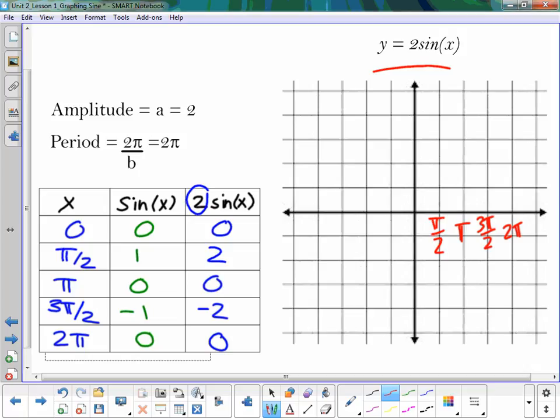It might be cool to graph this the same as before. So I'm going to graph regular sine x real quick, the one that we just did. And now I'll graph y equals 2 sine x.